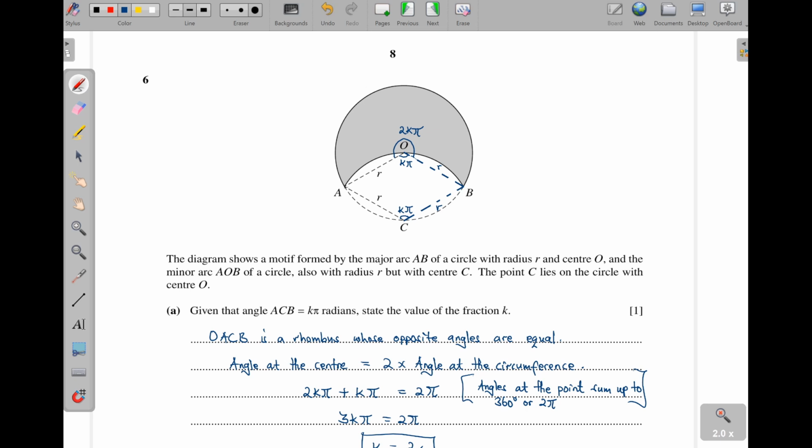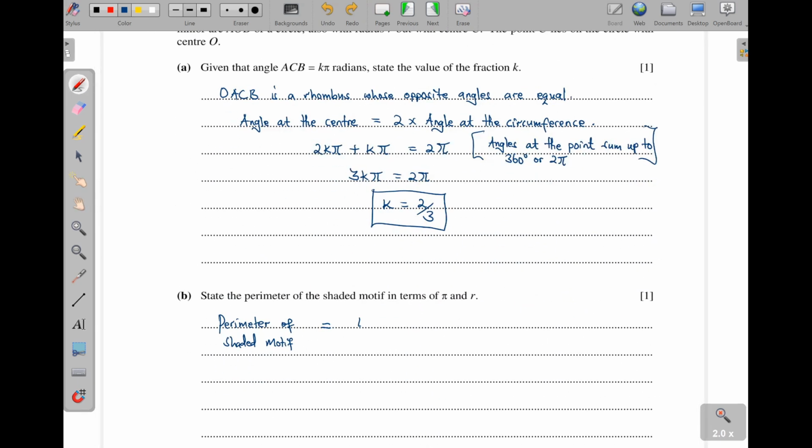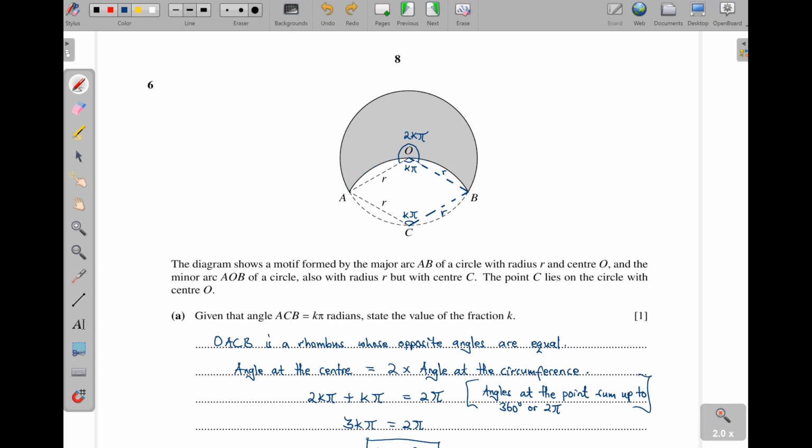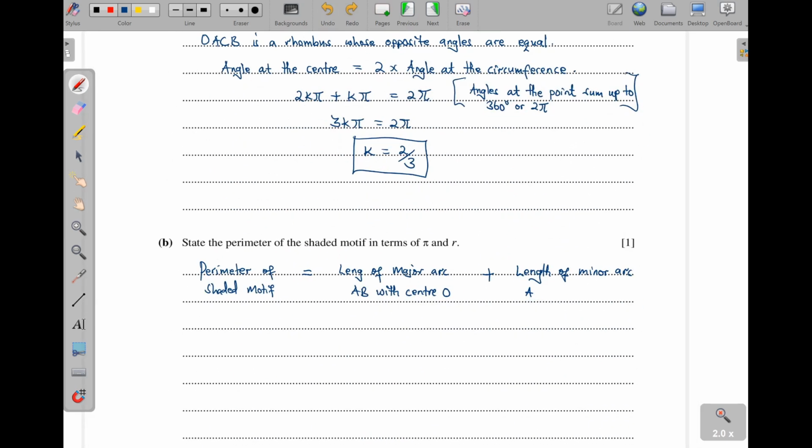So the perimeter, we are seeing the length of this major arc, and then there is also the length of this minor arc, whose center is C. So this one is going to be length of major arc AB with center O, plus length of minor arc AOB with center C.